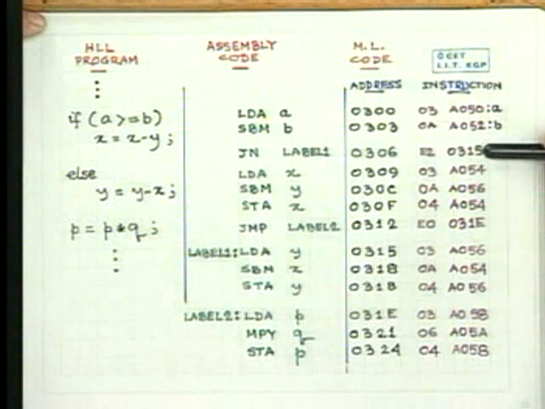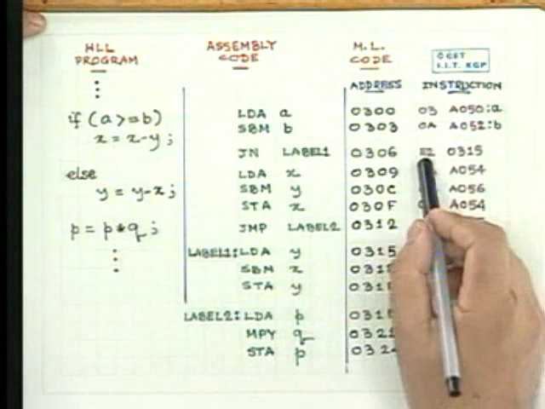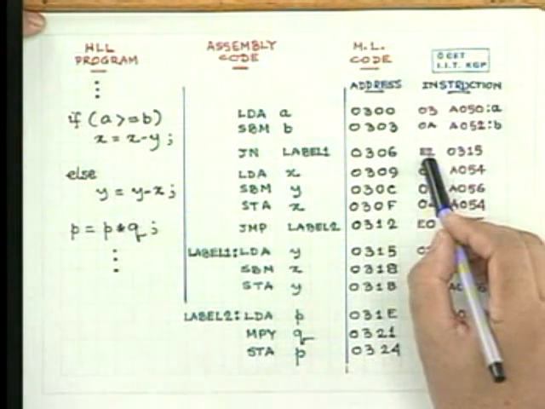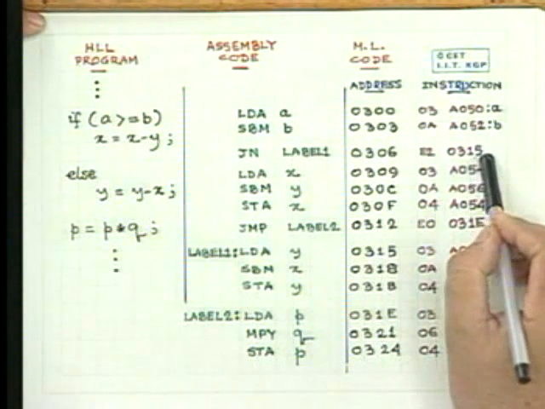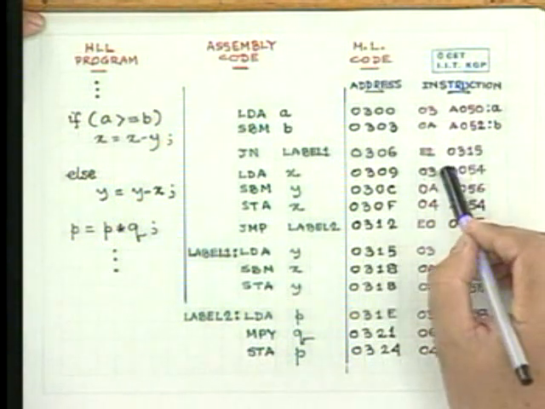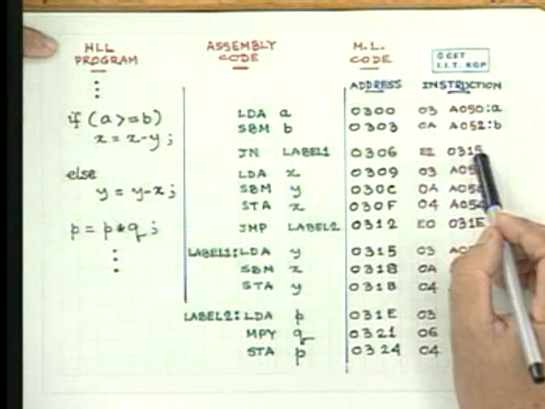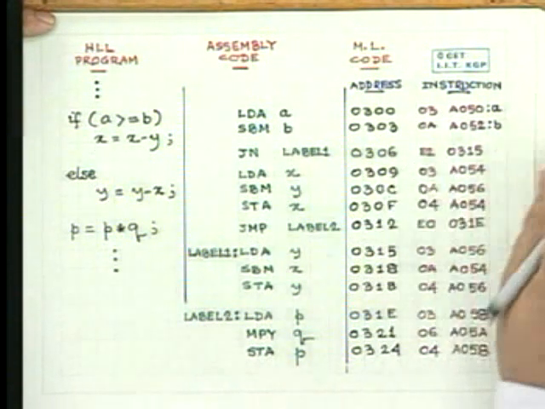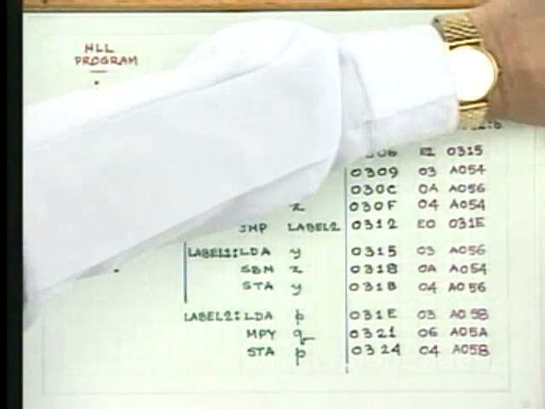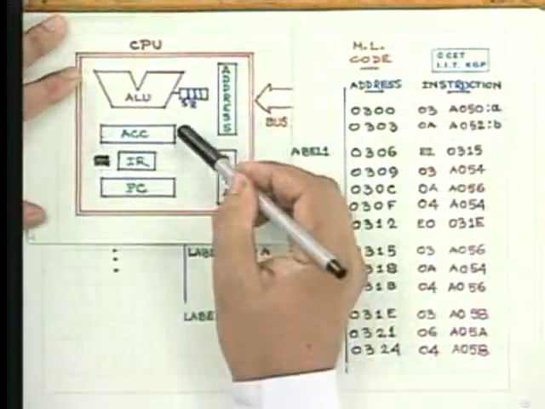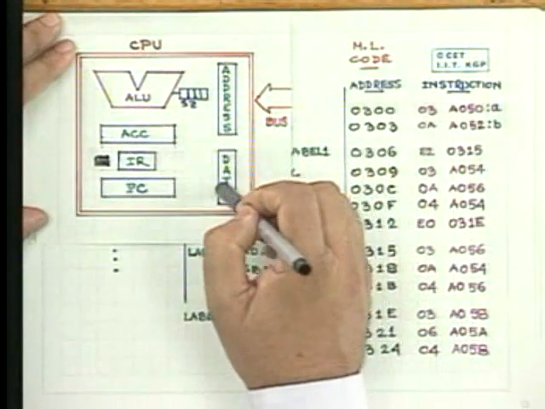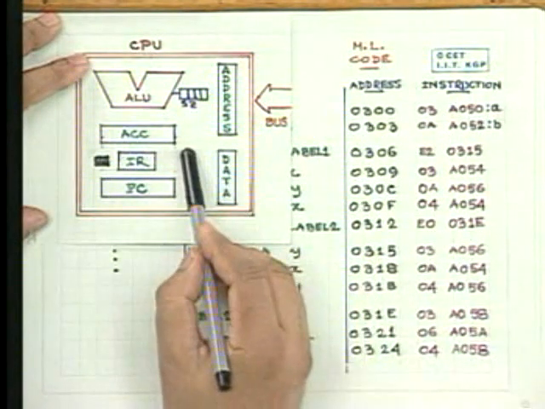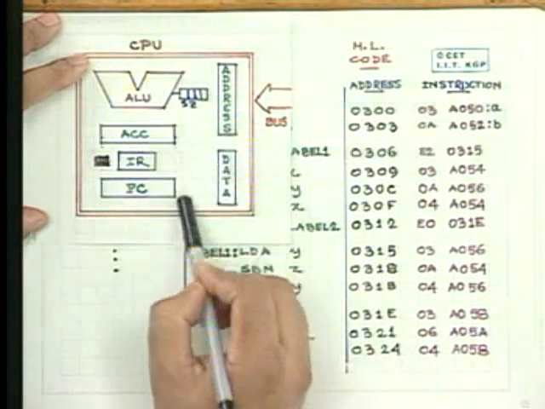As this instruction is executed, that means the jump negative opcode is taken, then the operand of this opcode, which is basically the address 0315, is taken into some internal register of the central processing unit. It may be the data register itself, or it can be kept in some other internal register.